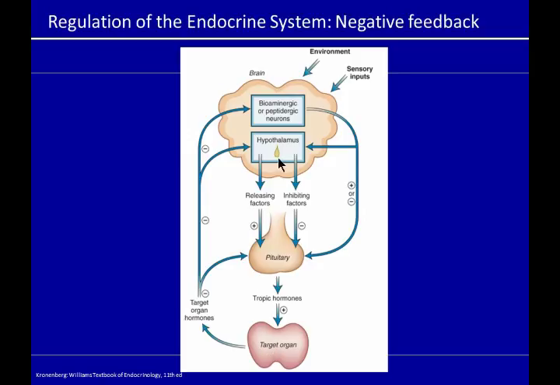Hypothalamus, which receives inputs from the brain and also from the periphery, stimulates releasing and inhibiting factors. The pituitary then sends trophic hormones to target organs. Target organs' products then feed back at the level of the pituitary and/or the level of the hypothalamus or even higher centers to regulate.